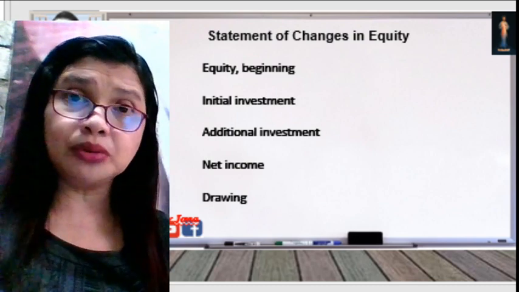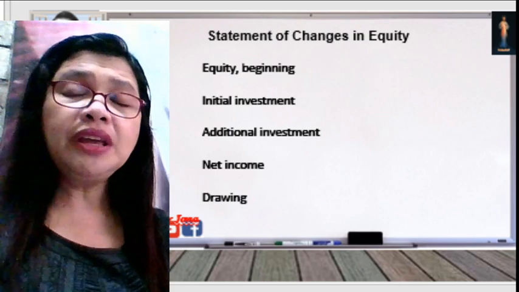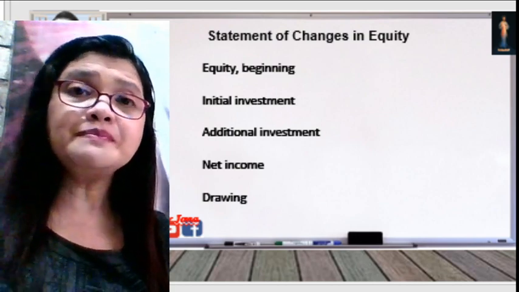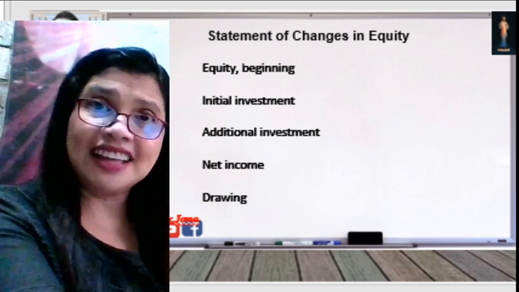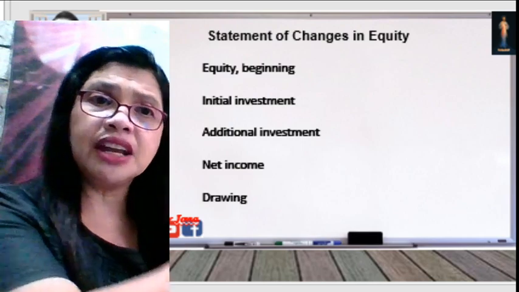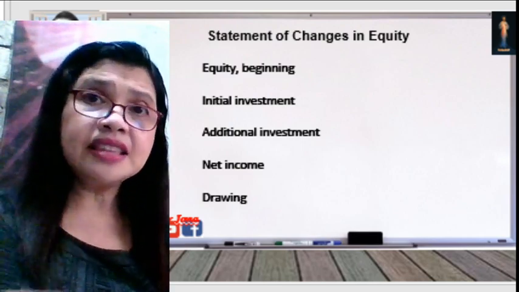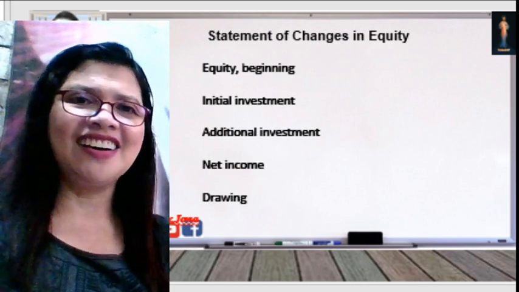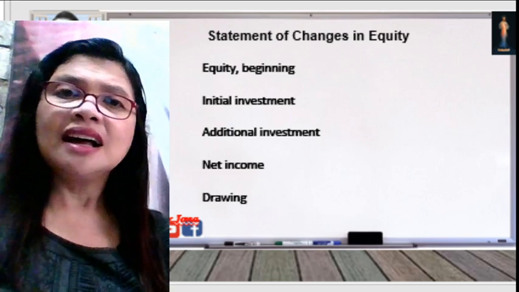Suppose today is 2020 and we are preparing statements for 2020, we get the equity beginning from the previous year, 2019, equity at the end. We get the equity balance at the end of the previous year and it becomes the equity beginning in the current year.